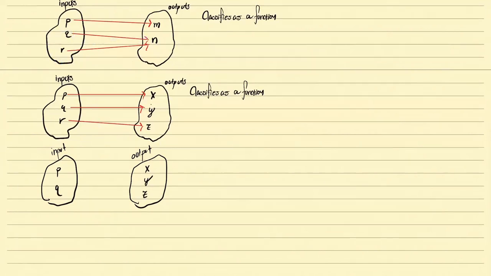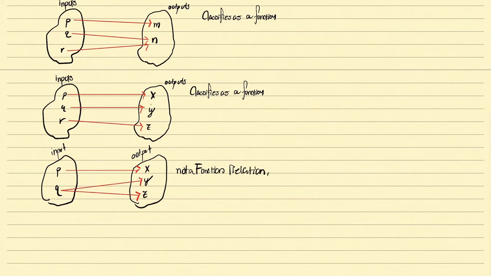That's okay. But I cannot have one single input go to multiple outputs. That is actually what breaks a functional relationship. Not a functional relation.